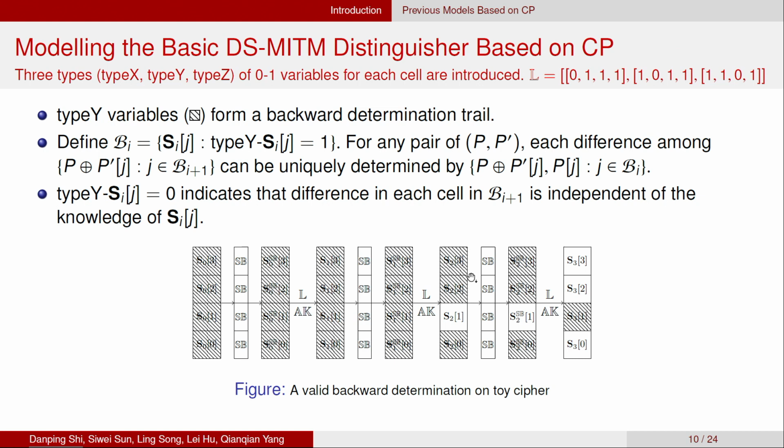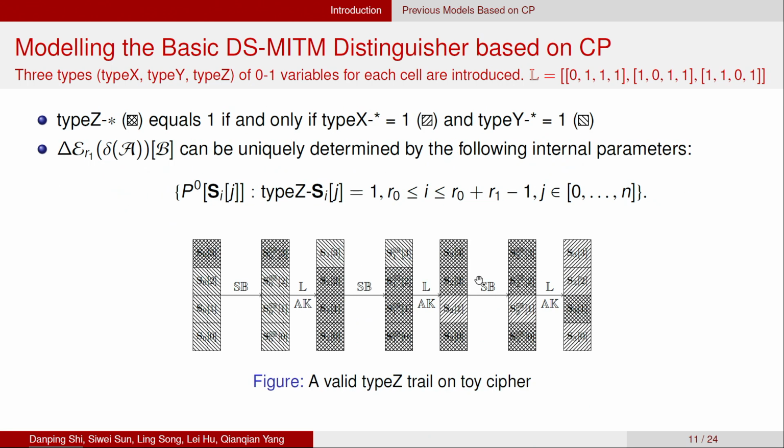Informally, type Y describes the positions that have effects on the output sequence, while type X describes the activity of the difference for each pair in the delta A set. So for a specified delta A set, the output difference can be uniquely determined by the positions where type X equals 1 and type Y equals 1. Type Z variables are introduced to describe these internal parameters.